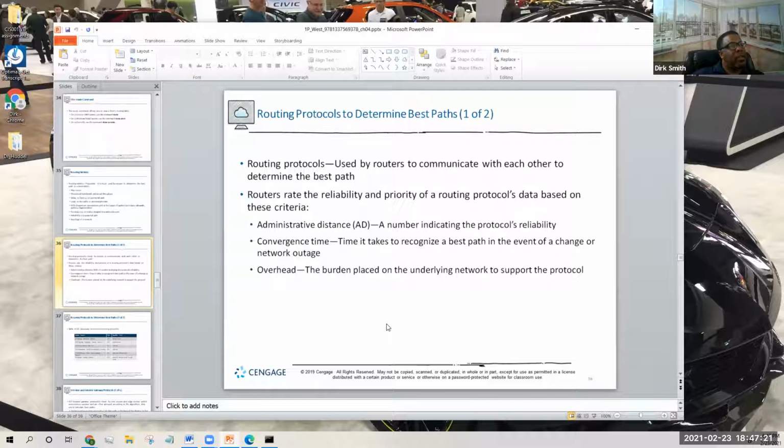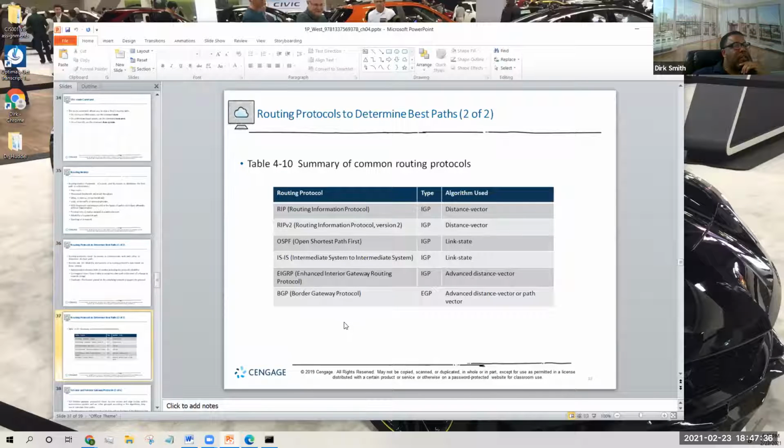The router rates the reliability and priority of routing protocol data based on criteria such as administrative distance, convergence time, and overhead. So these are some of the commands that you will see when working with routing.